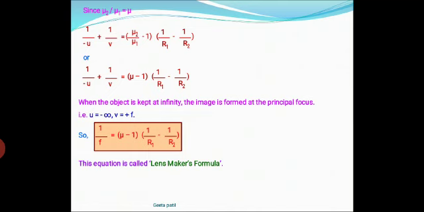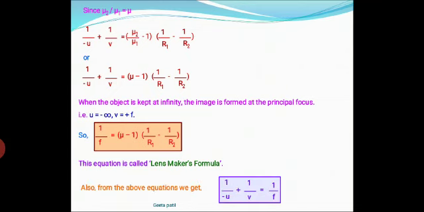And the incident ray and refracted ray make small angles with the principal axis of the lens. Also, from the above equation, we get 1 by minus u plus 1 by v is equal to 1 by f.